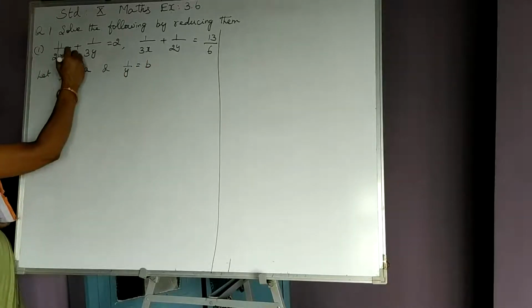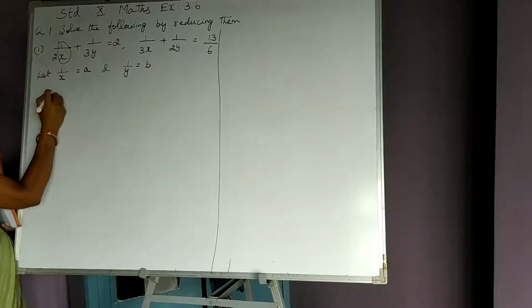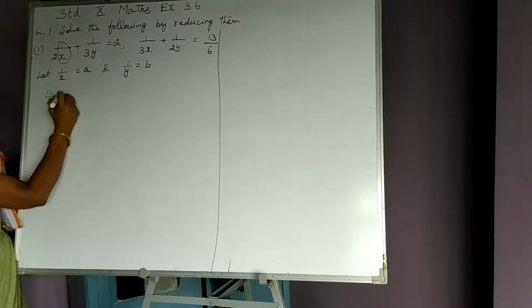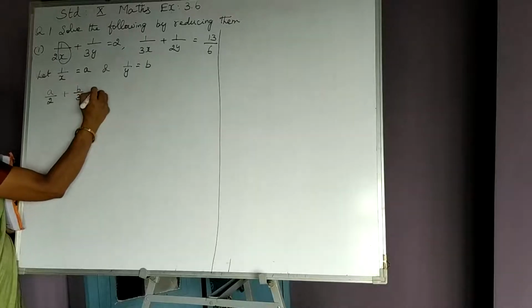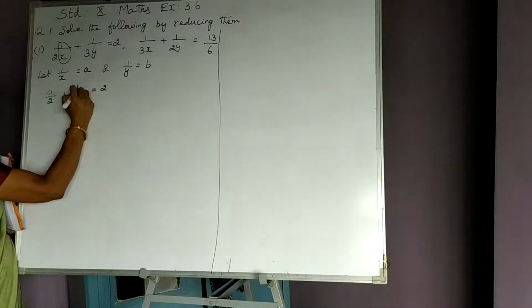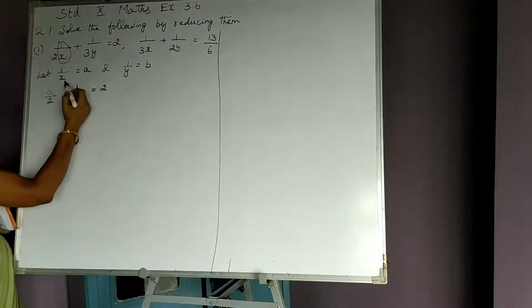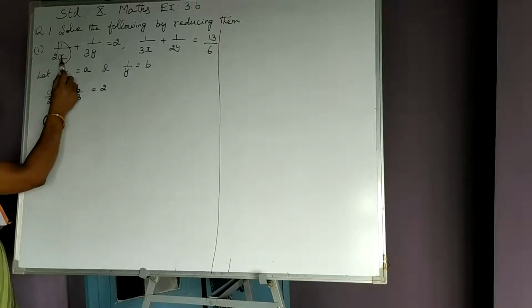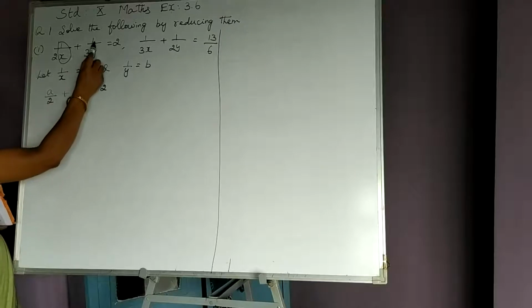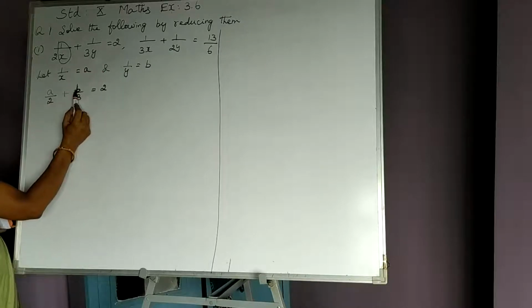So this 1 upon x is going to become a. So it is a upon 2 plus b upon 3 is equal to 2. Remember, the numbers will remain in the same place, whereas the variable 1 upon x is substituted by a and 1 upon y is substituted by b.